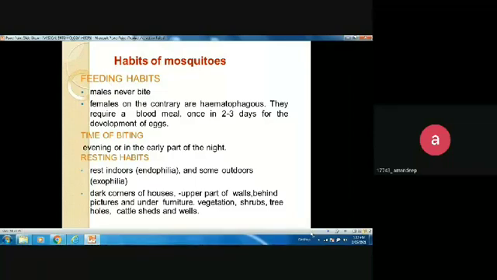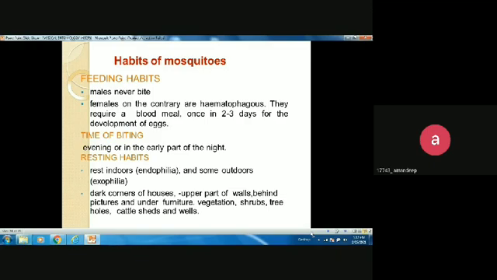Habits of mosquitoes. Feeding habits. Males never bite. Females, on the contrary, are hematophagous. They require a blood meal once in 2 to 3 days for the development of eggs. Next, time of biting: evening or in the early part of night. Next, resting habits.